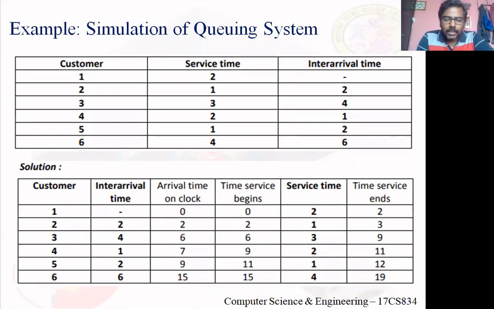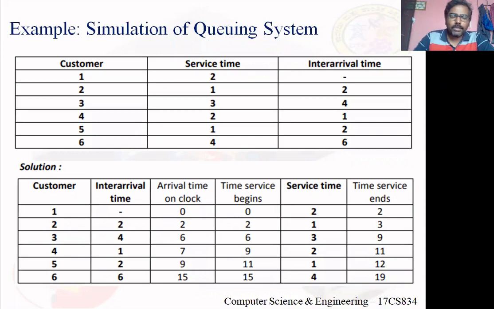Because listen here, as soon as the customer arrives, it doesn't imply service will begin immediately. Of course for the first customer, service will begin immediately. But for the second, third, fourth customer, we can't say as soon as the customer comes, the service will begin. They may need to wait in a queue, right? Clear? So I repeat, in this table, I will track when each of the 6 customers will arrive.